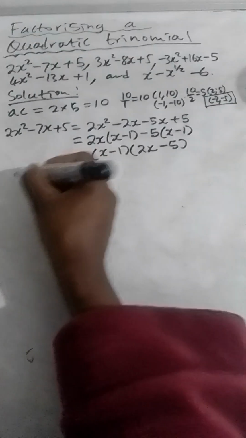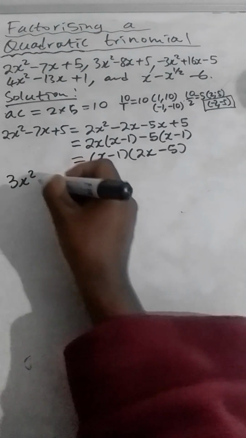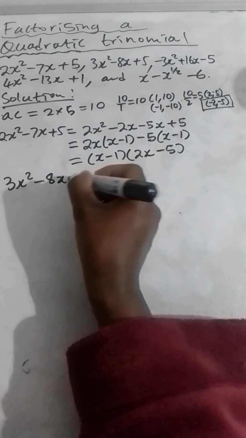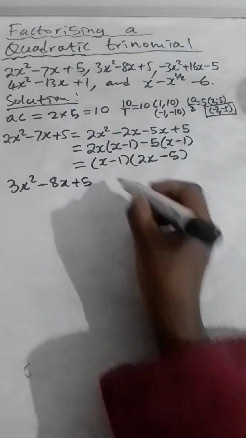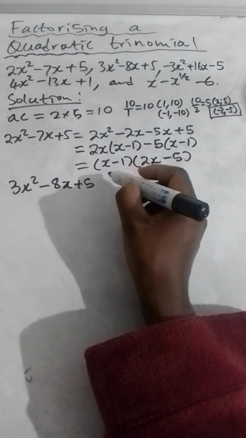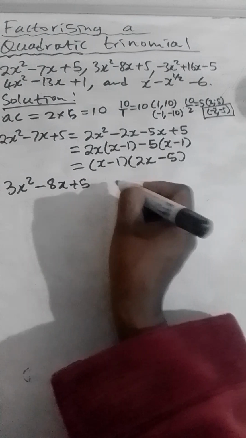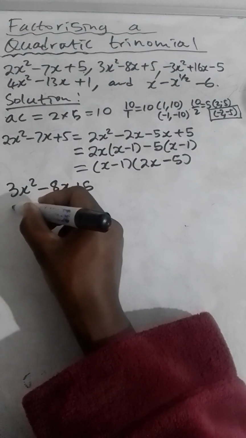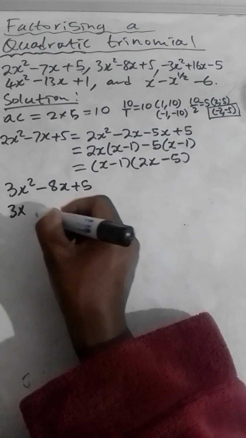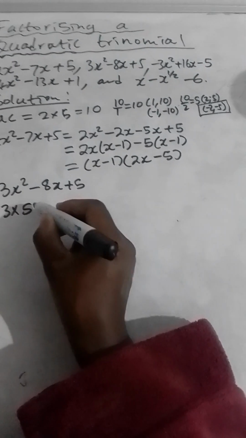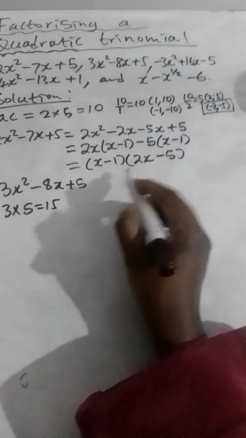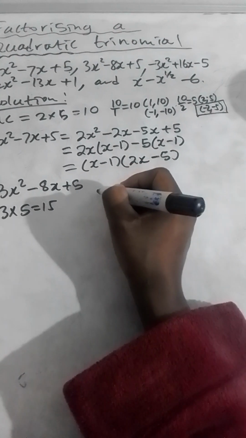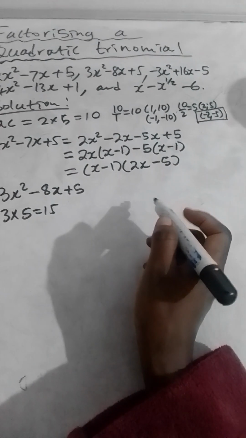Alright, let's go to the second one. The second one is 3x squared minus 8x plus 5. And what we want to do is find factors of 3 times 5, AC, which is 15, that will give you negative 8. So what is this going to be?